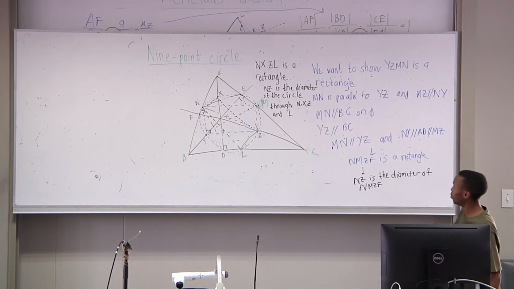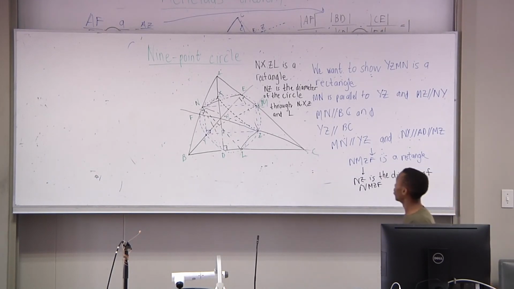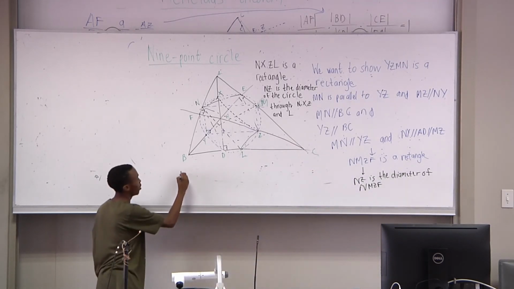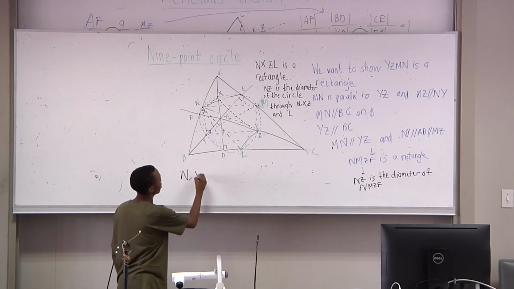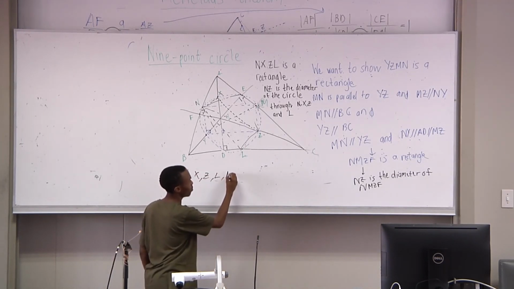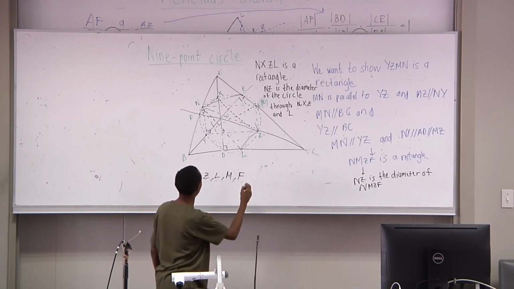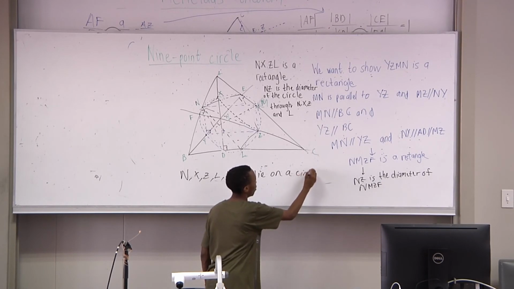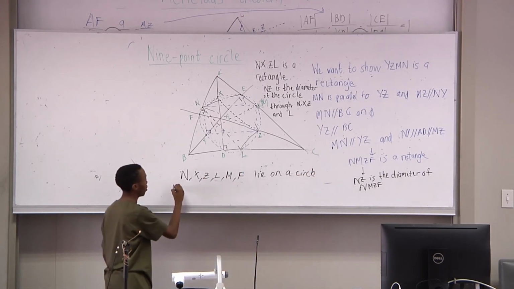So that's also true, right? Therefore, these 6 points here, N, X, Z, L, M, and F lie on a circle with that diameter.